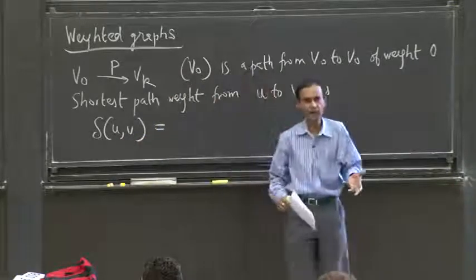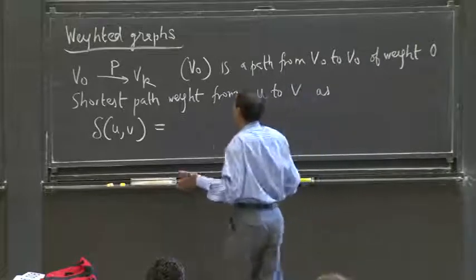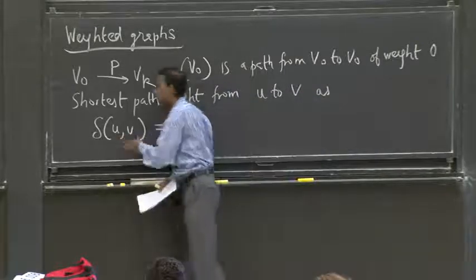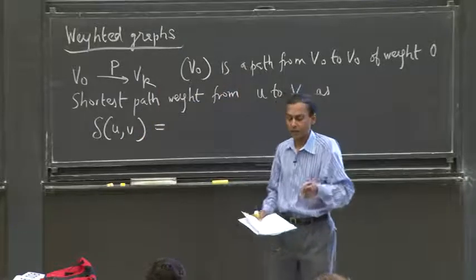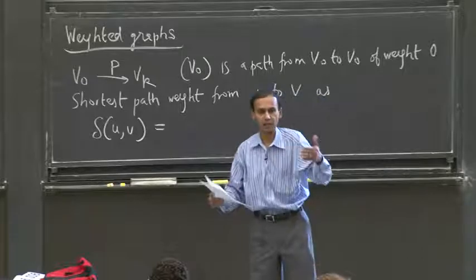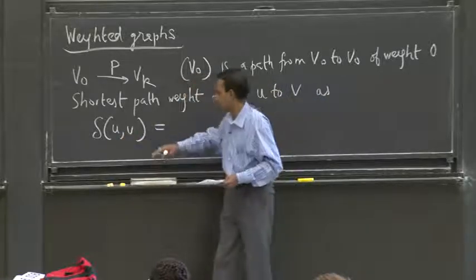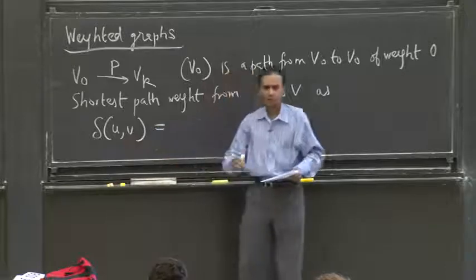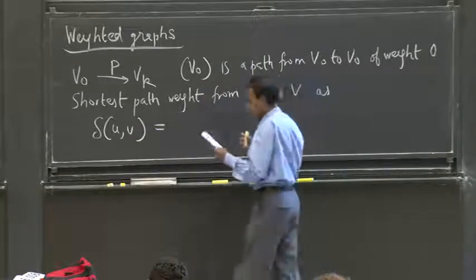And my goal is to find delta. It's also to find the path. It doesn't help you very much if you know that there's a way of getting from here to Lexington within 14 miles if you don't know what that path is, right? So that's one aspect of it, which is you want to get the weight, but you want to get the path as well. And these algorithms will do that for you.